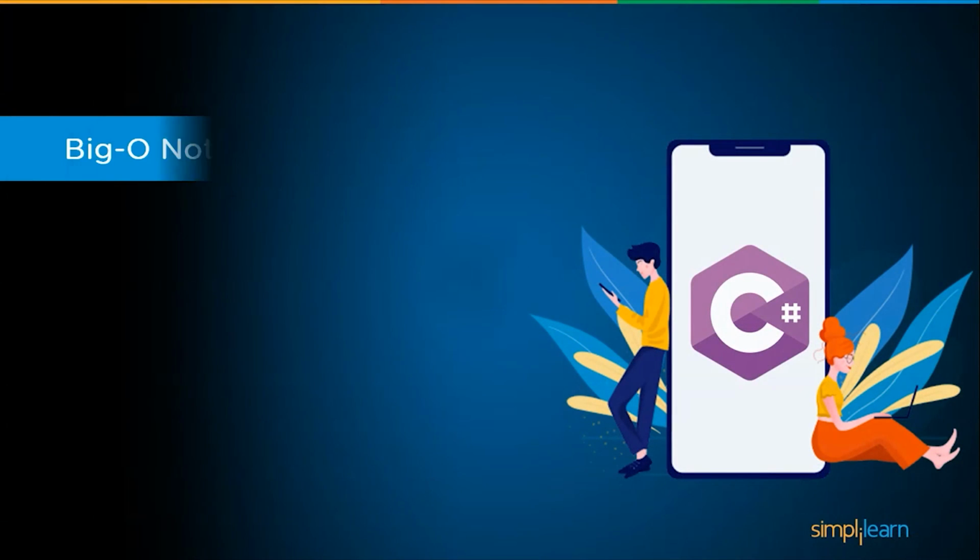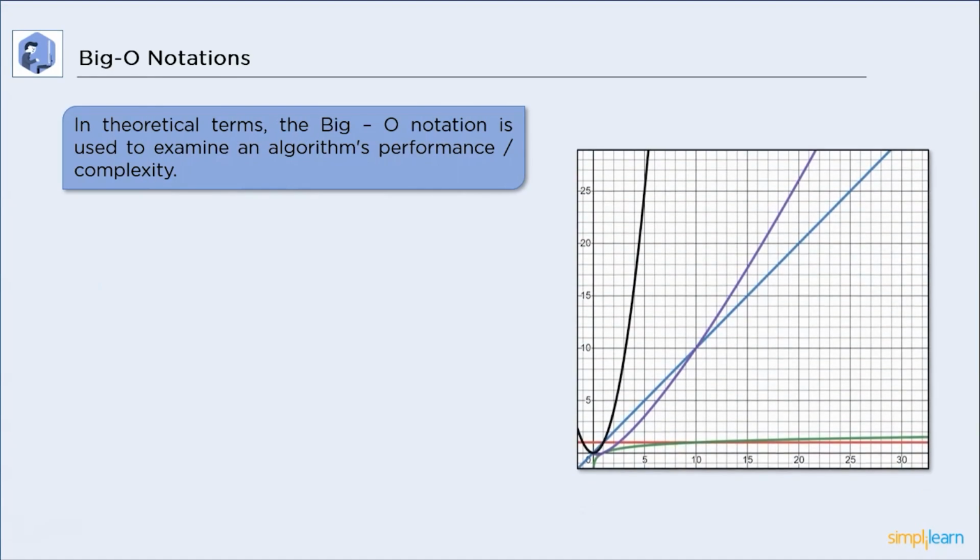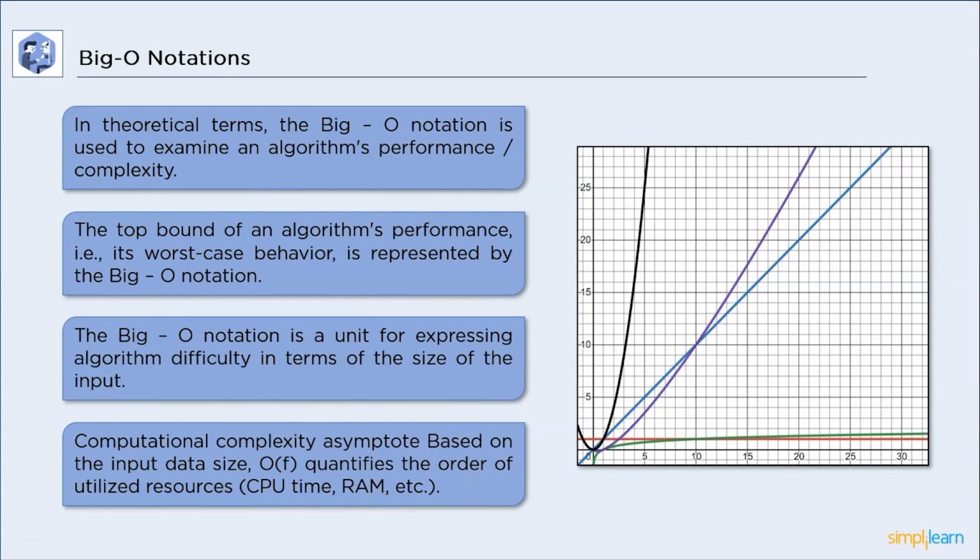Next up, let's discuss the big O notation. In theoretical terms, big O notation is used to examine performance or complexity of an algorithm. Big O notation examines an algorithm's upper bound of performance, that is, its worst case behavior.